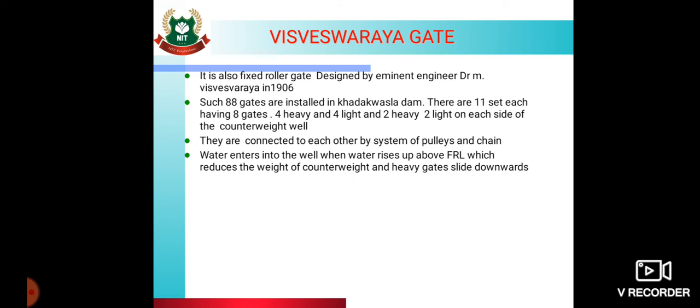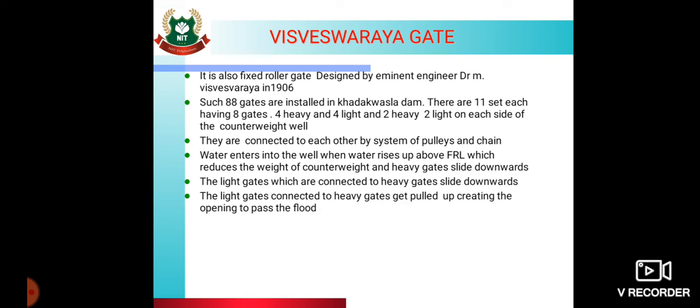Water enters the well when the water level rises above full reservoir level, which reduces the weight of the counterweight, and the heavy gate slides down. The light gates which are connected to the heavy gates get pulled up, creating the opening to pass the flood.